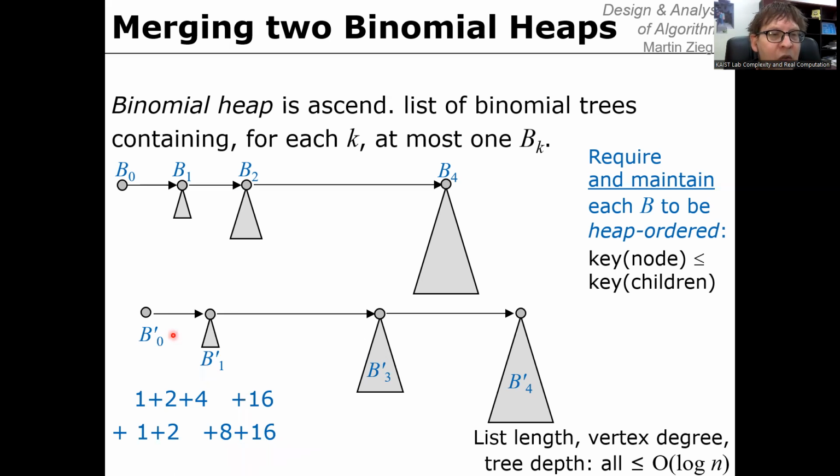And again, observe the correspondence: there's no binomial tree of order 2, with 4 elements, but there are trees with 8 elements and 16 elements.